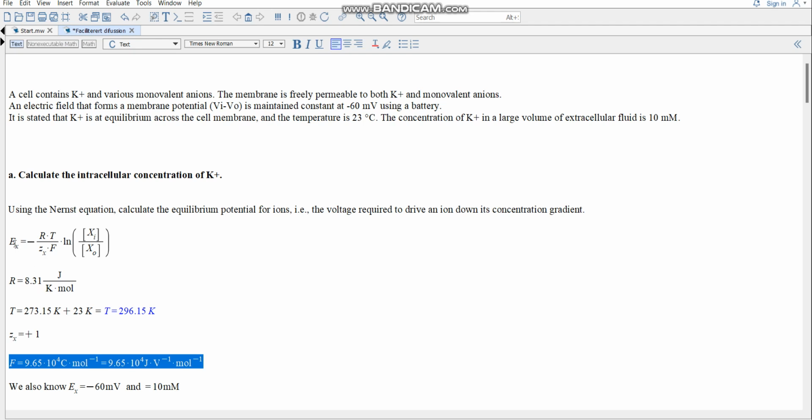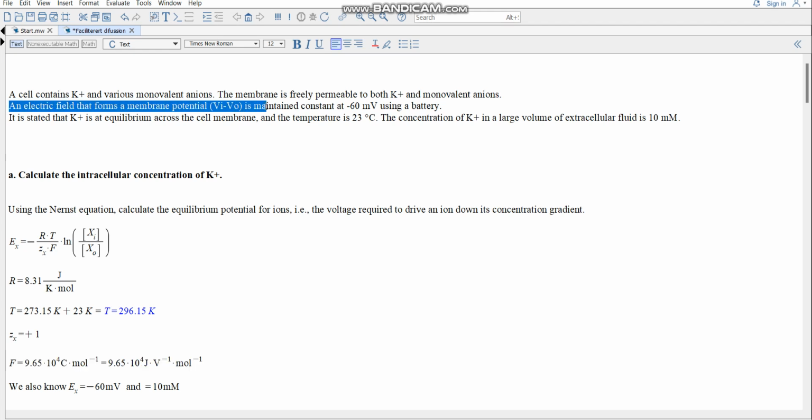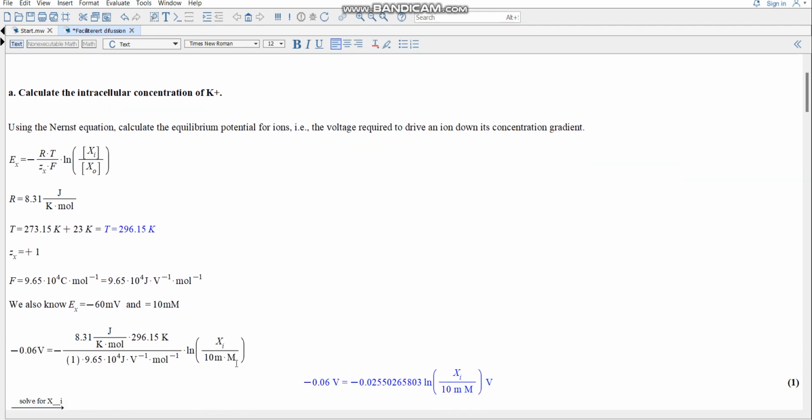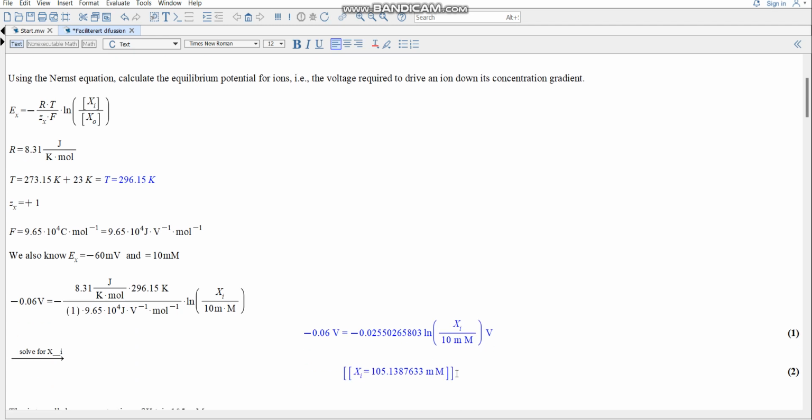And then of course the equilibrium potential is actually given right here. An electric field that forms a membrane potential is maintained constant at -60 millivolts using a battery. So this is actually the equilibrium potential. Okay? So we simply insert our values and then we find that it comes out to being this.